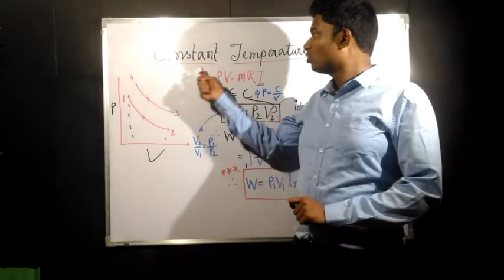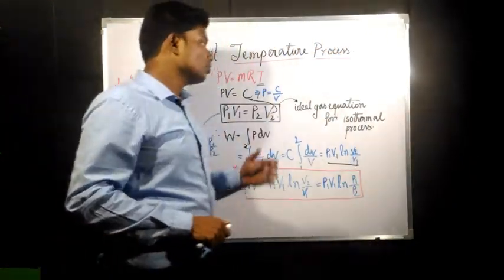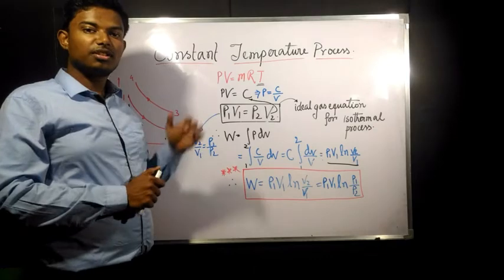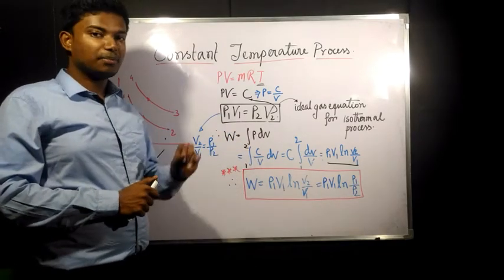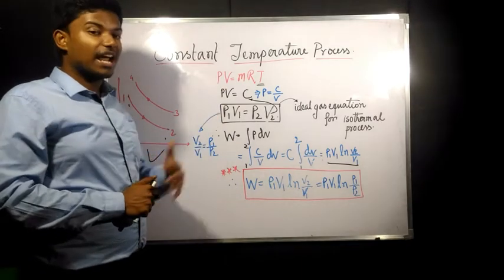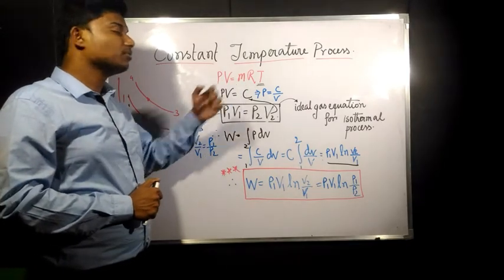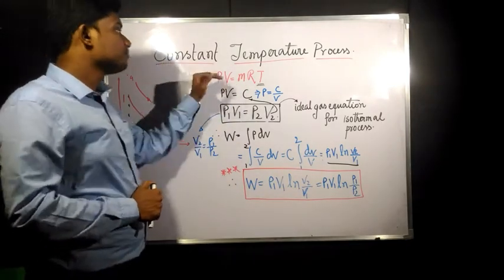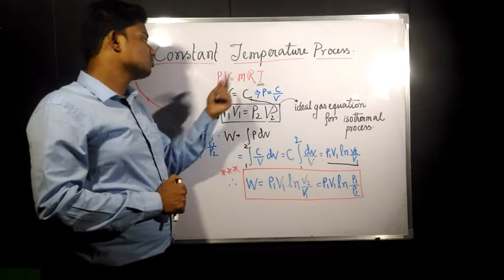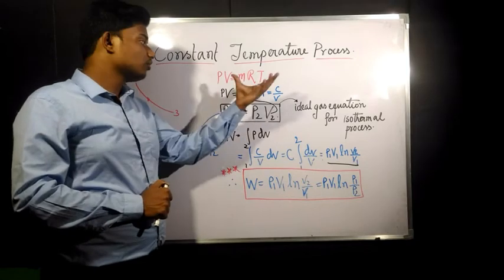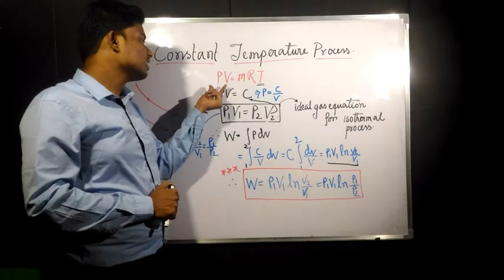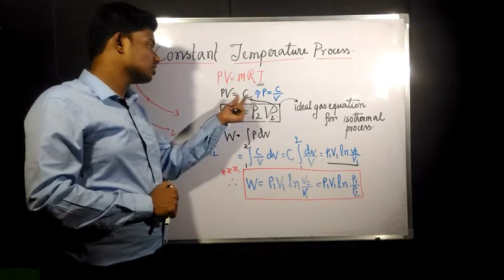Now we'll discuss the constant temperature process. What is a constant temperature process? From state 1 to state 2, through the whole path the temperature is going to be constant. If you write the ideal gas equation for this process, it will be PV equals mRT. Here m is constant, R is constant, T is also constant. So PV is also going to be constant.